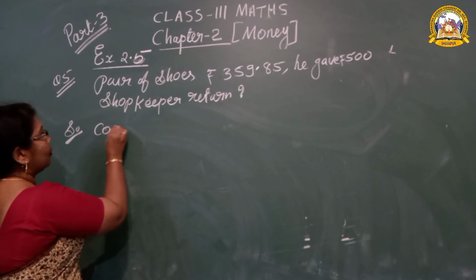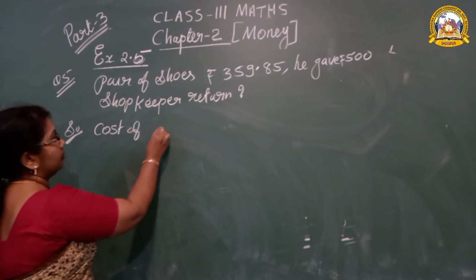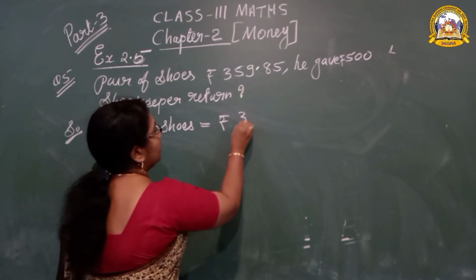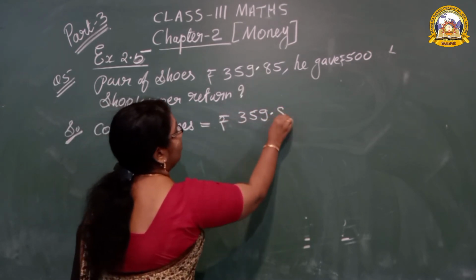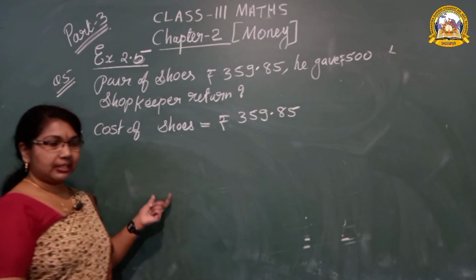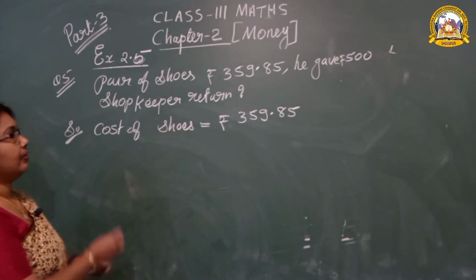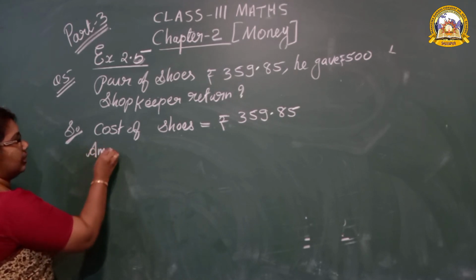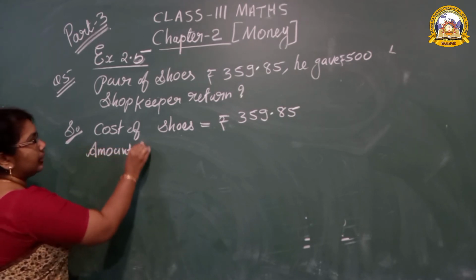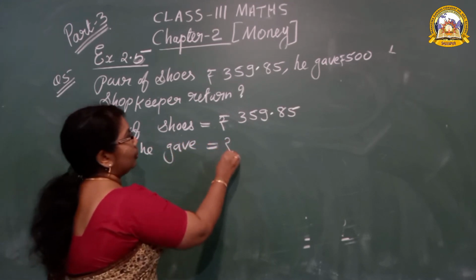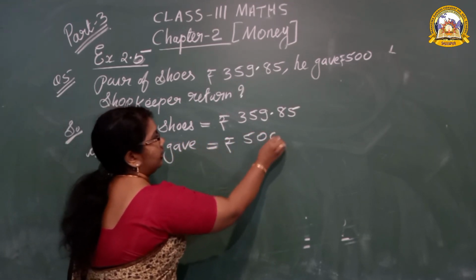First step, cost of shoes. Cost of shoes is rupees 359.85. Can you say what is the second step? Amount he gave. Easy steps you can write. Amount he gave is equal to rupees 500.